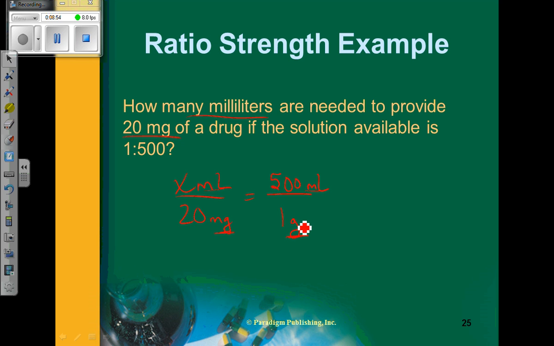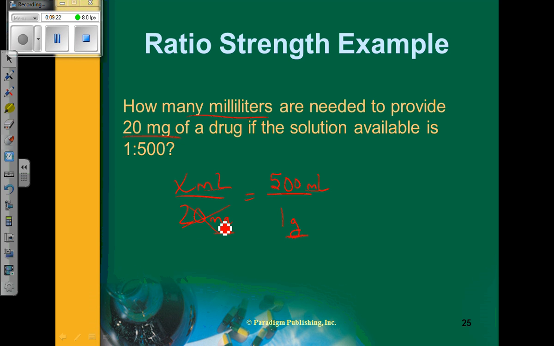So what you could do is, an example they use in the book is they convert the 20 milligrams to grams, or to me it would be easier to put the 1 gram to milligrams, because you know 1 gram equals 1,000 milligrams. So that would be the easiest route to do, but it doesn't matter as long as they're the same. Which one you convert does not matter as long as they're the same units. Okay, it'll still work out the same.